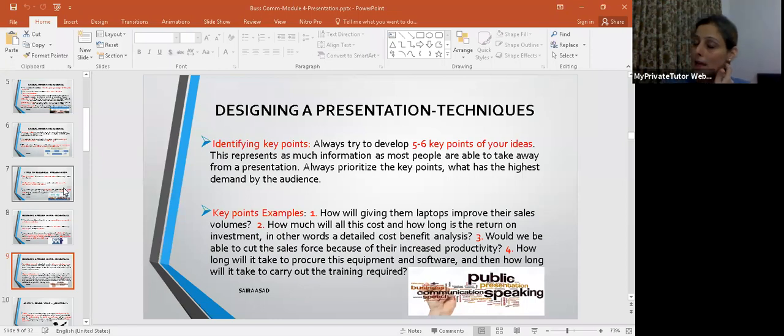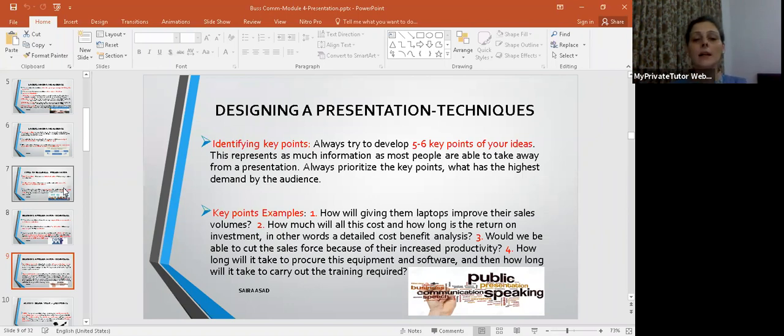Normally we see and hear around us that this thing is very much in the market, it is in demand. That means we are listening to the audience, so we will take that thing at the top. First thing, we are just going to catch the attention of the customer or the audience immediately. So that should be at the top.